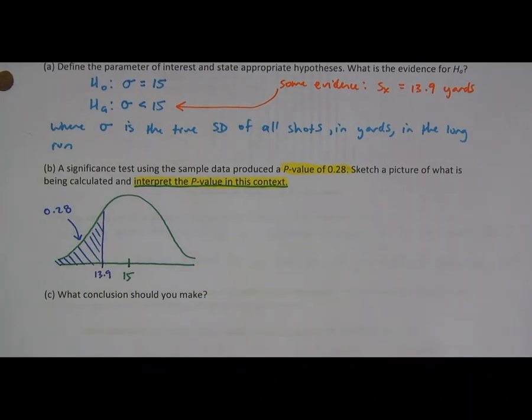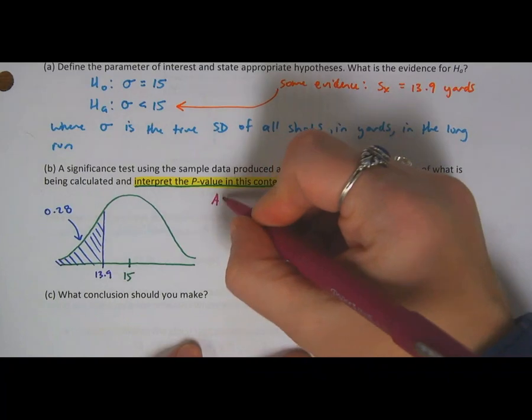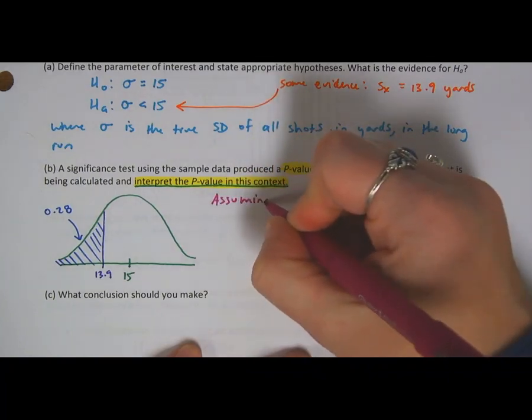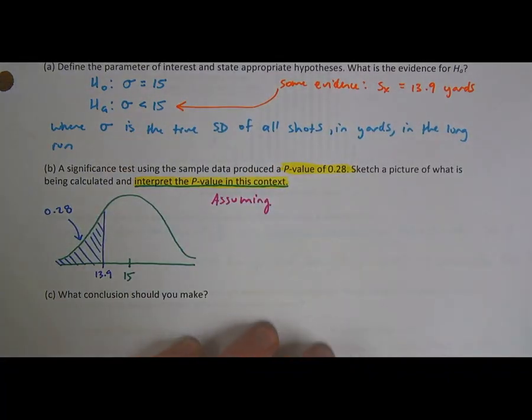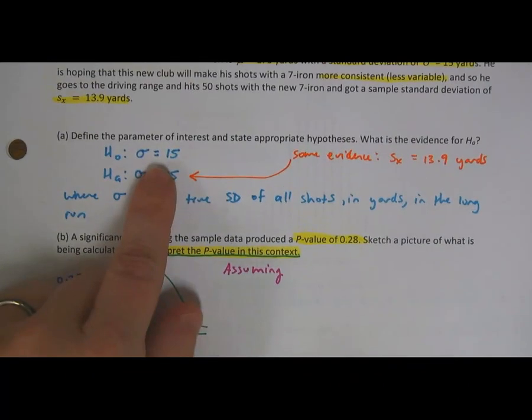Here is how you would write this, okay? Assuming, you're always going to assume that the null is true. So look what we wrote up here in the null.